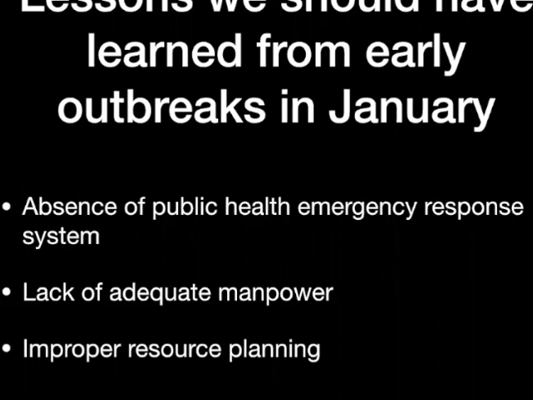The emergency response system is supposed to be making a contingency plan and coordinating the anti-epidemic response action. There was also a lack of adequate manpower, especially nurses and doctors with critical care skills, and definitely improper resource planning regarding masks, personal protective equipment, PPE, or ventilators.